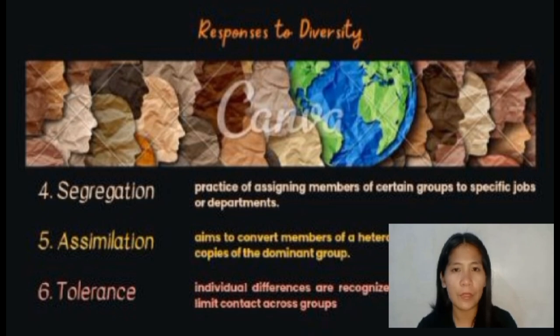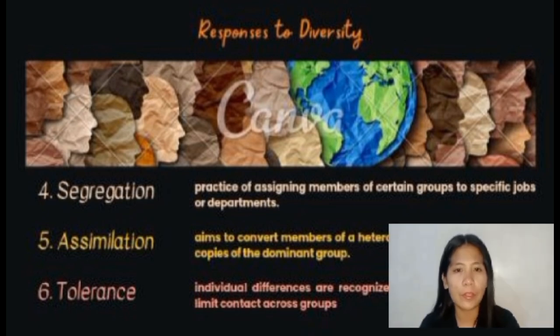Assimilation refers to the process by which individuals or groups from one culture or background adopt the customs, behavior, and norms of another, typically the dominant or mainstream culture. For example, immigrants to a new culture may begin to speak the dominant language and adopt local customs or traditions over time.